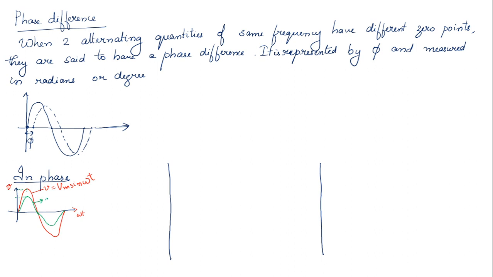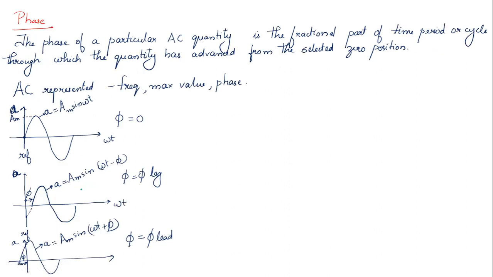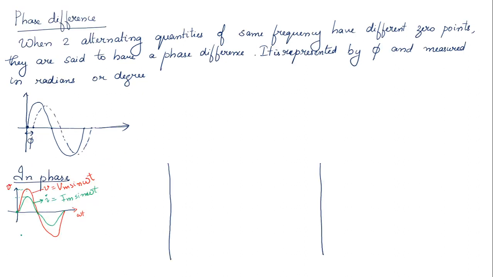We can write the expression for this one as current I is equal to, as it is starting from the 0 point itself, you can represent the equation using Im sin omega t, as we just studied how to represent waveforms which are starting from different points from the reference axis. So with the knowledge of this, you can easily write the equation for V as well as I. Hope it is clear. This is known as in phase AC quantities.